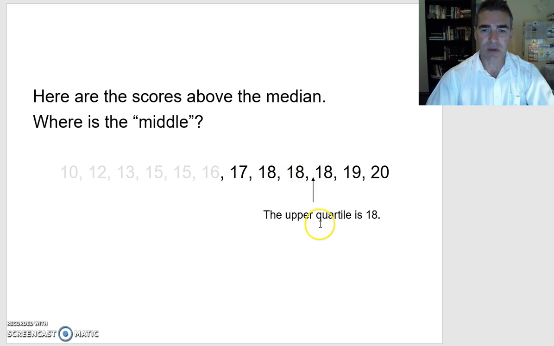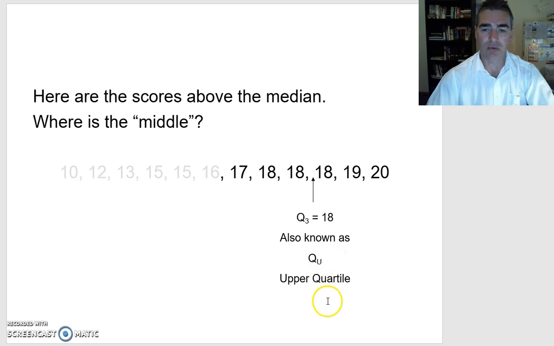Because they're the same, it's going to be the upper quartile being 18. So our lower quartile, our upper quartile, and our median cuts it into 4 equal groups. So our upper quartile is also known as Q3, or as we said before, it's also known as our upper quartile, QU.